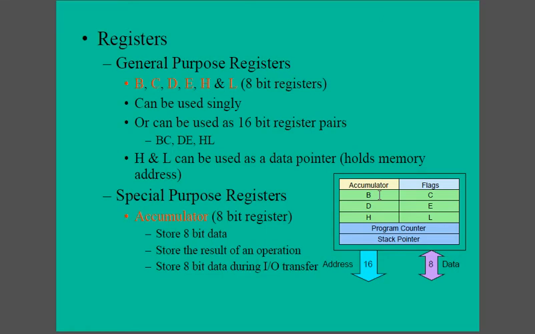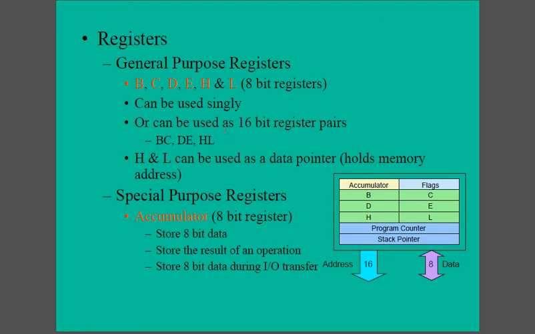We can use them singly, meaning we can use each single location here to store different data. For example, one piece of data that is not related, we store here in B, and we store another piece of data in the C location.